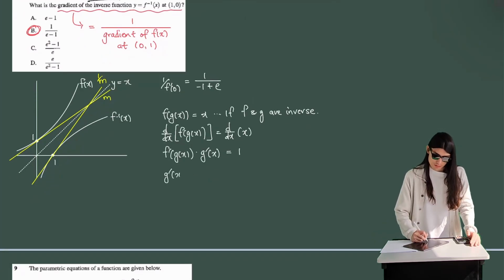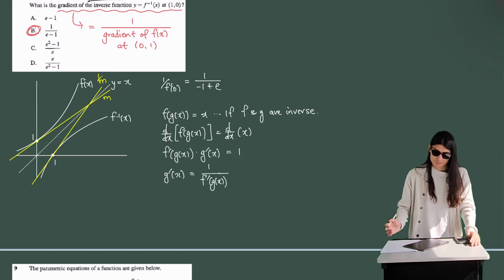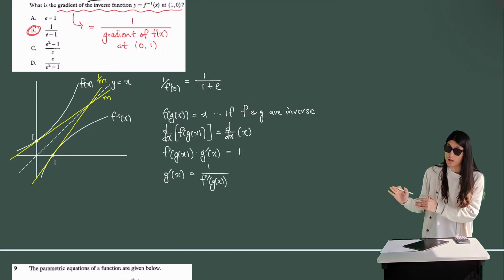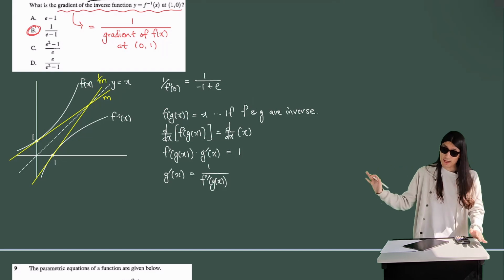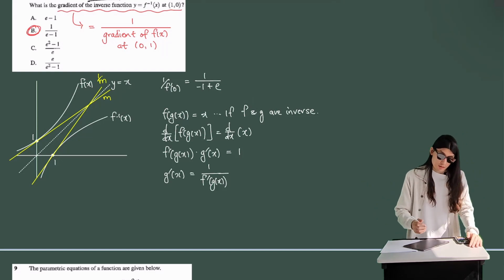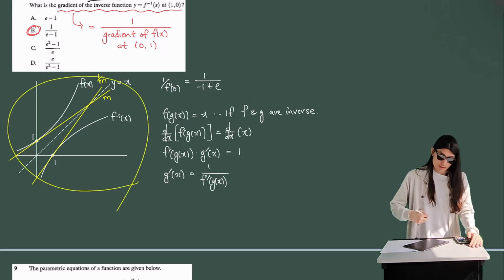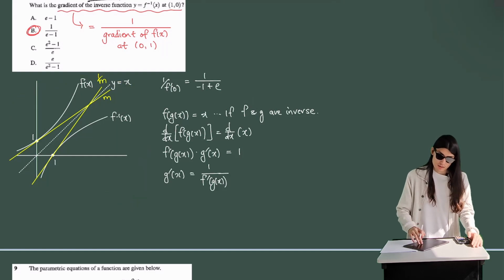Such that g dash x is then equal to 1 over f dash g of x. And that, if I rearrange it, is the property which I explained over here, written down algebraically, isn't it?